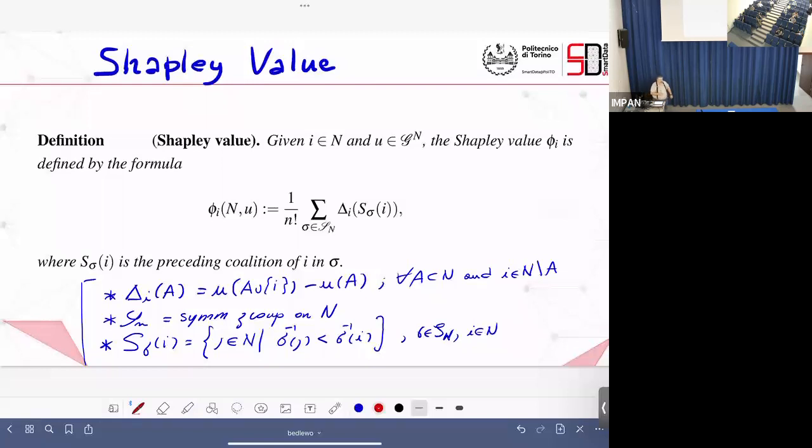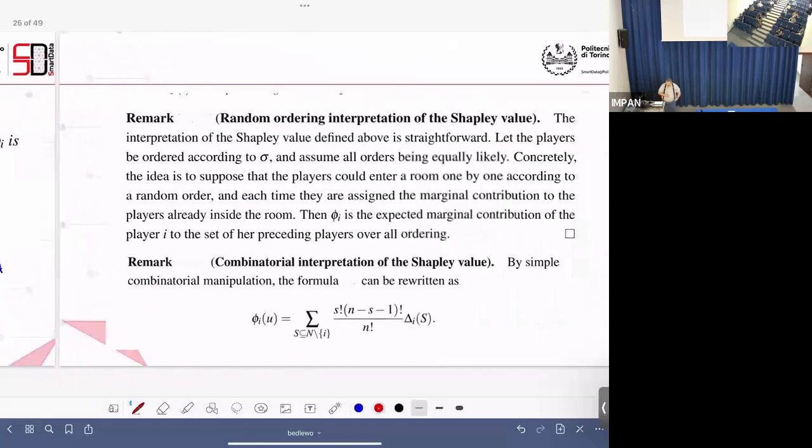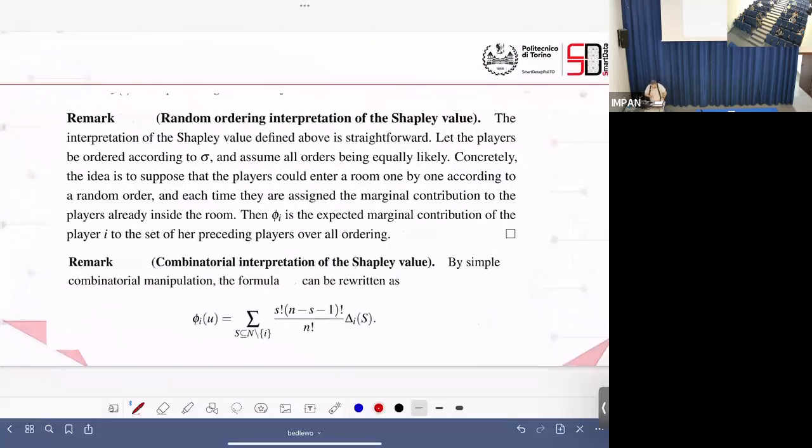So practically the idea is the following. I change the page so we look at this. Imagine your players entering a room in random order. You make all possible entries, and then you measure how much the player contributes when added, the one entering at that stage.